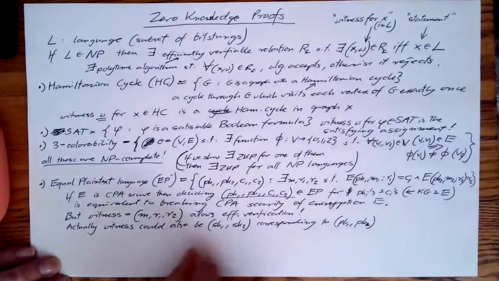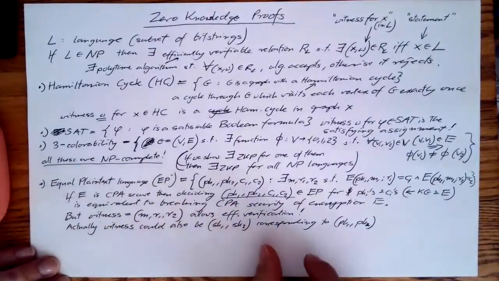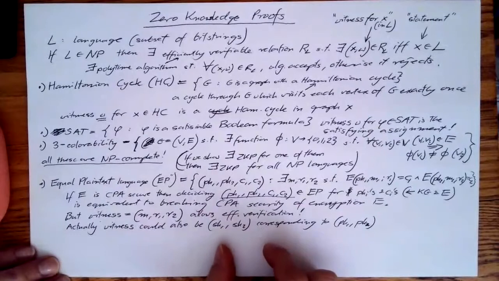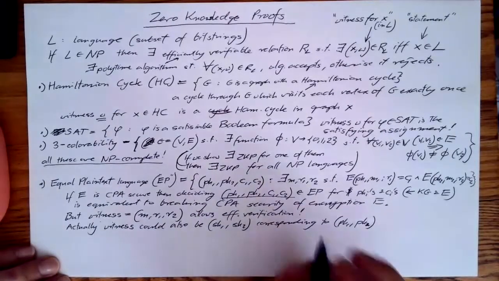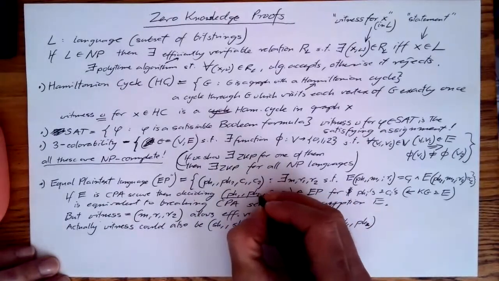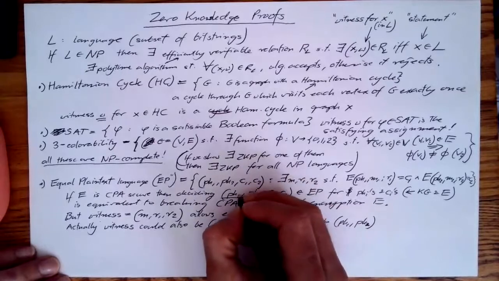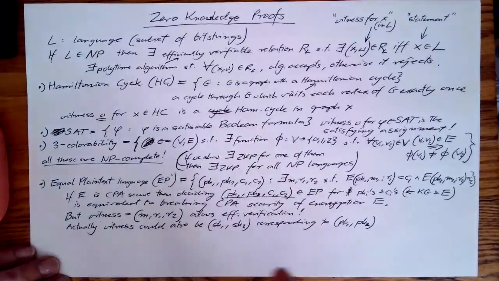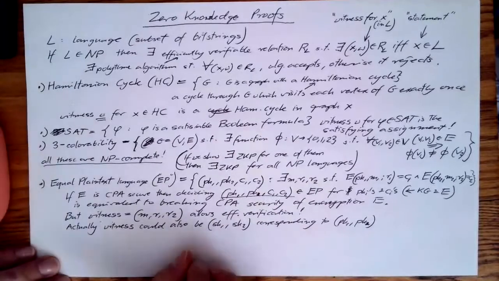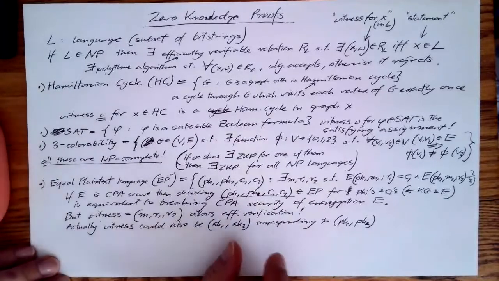This is the fact that there could be different witnesses for the same statement. We'll come back to this, because it can be both a trouble in some cases and also a tool that would allow us to argue security.